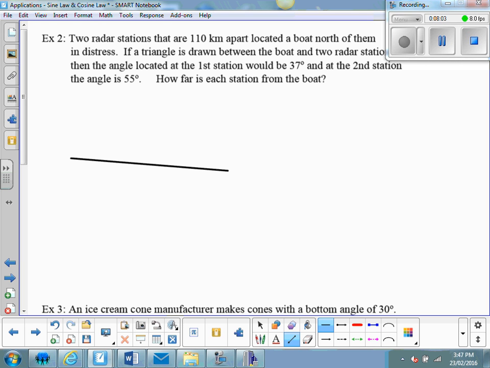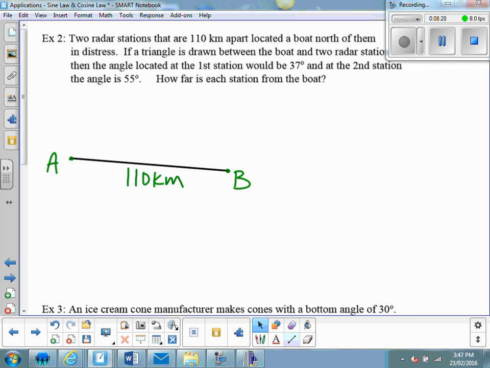And those 2 radar stations, I'll call those A and B. So those 2 radar stations are 110 kilometers apart from each other.